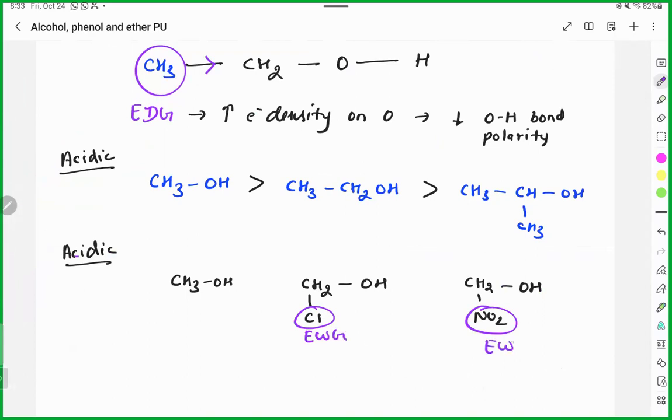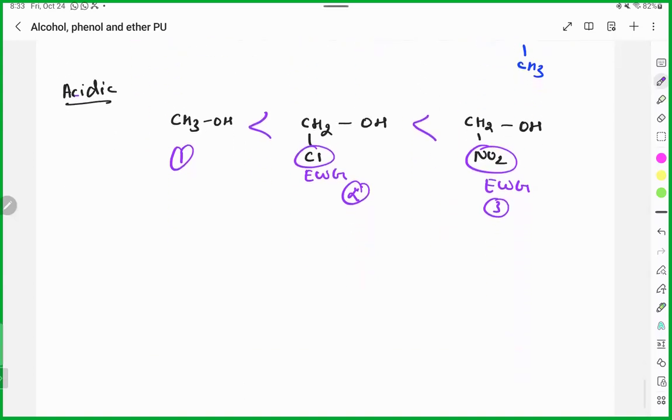So now you tell me what should be the sequence. Okay. Electron withdrawing group increases acidic character. Just remember this word. Got it? Yeah, sir.